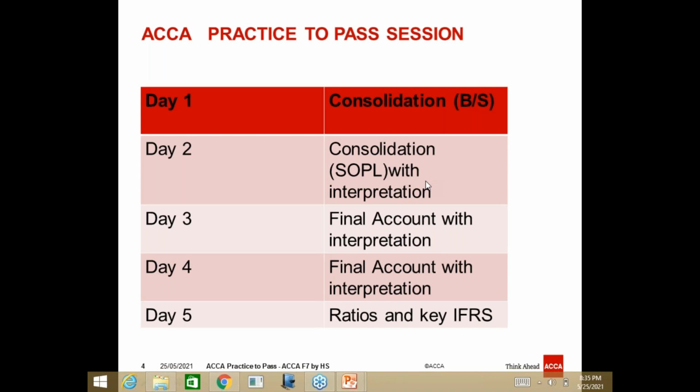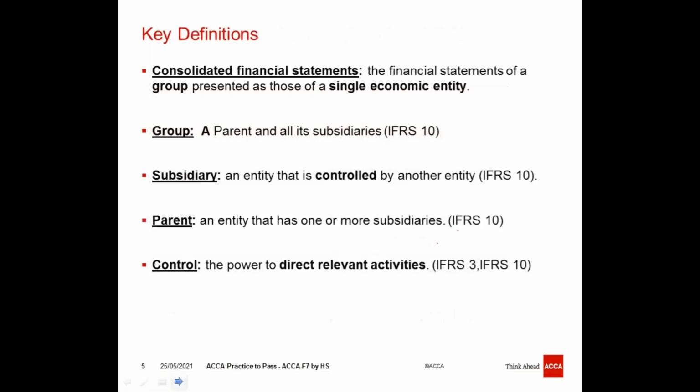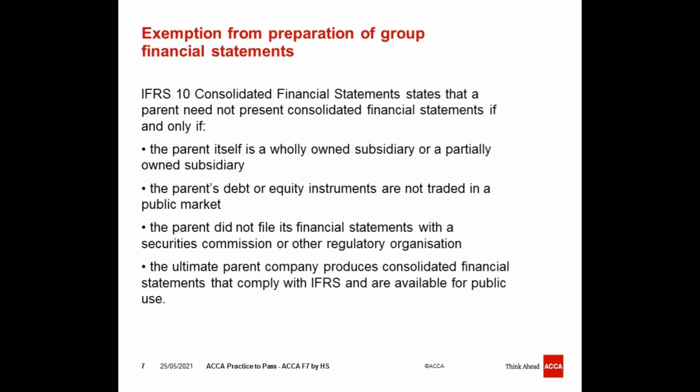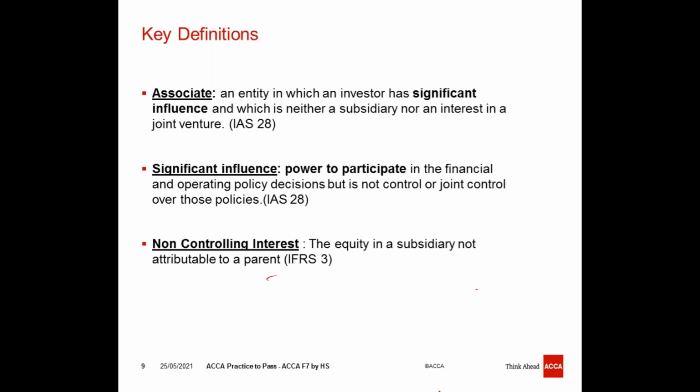Just a quick review of what we had already discussed in the last class. It's about the basic definitions of consolidation, the definition of control. Then we have done some questions, the concept of associate.